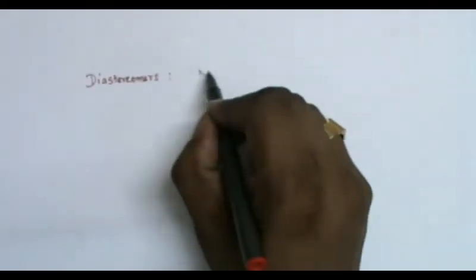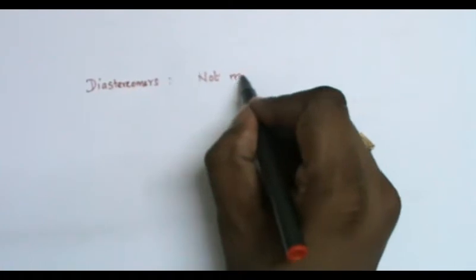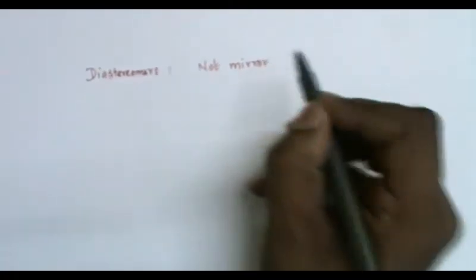So that is basically enantiomers and diastereomers. Diastereomers are stereoisomers which are not mirror images. It is possible only when there are more than one chiral centers. If there is only one chiral center, there won't be diastereomer.